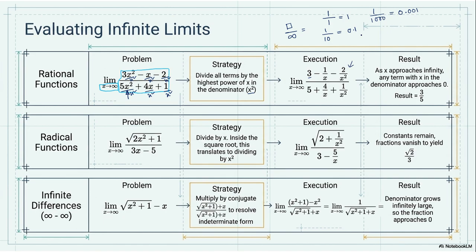So what is happening here? Smaller and smaller. So now, if 1 is divided by a huge number, what will happen?